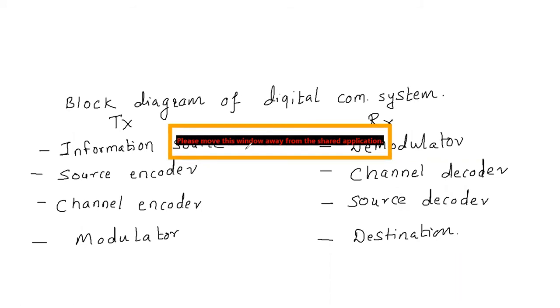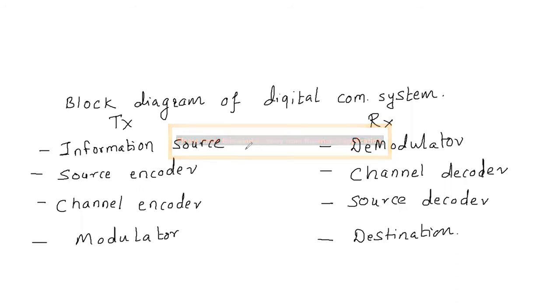In the communication system, the signal output of the channel, when it is transmitted from the transmitter to the receiver, gets distorted. The main cause of distortion is noise, and the device most susceptible to noise in the communication system is the channel.